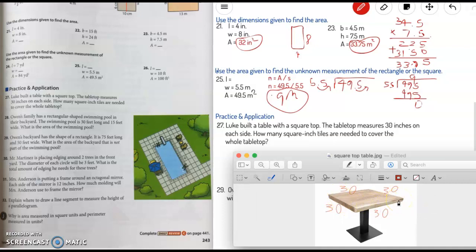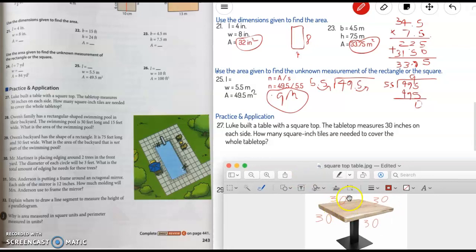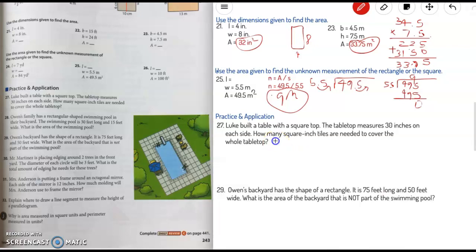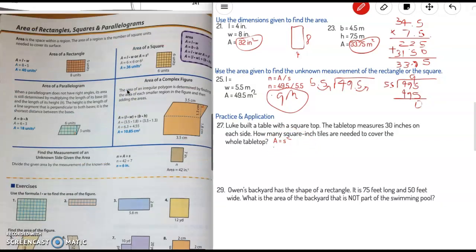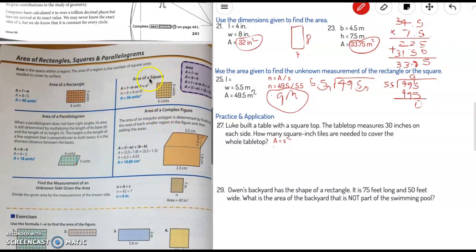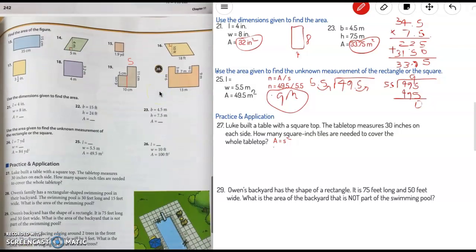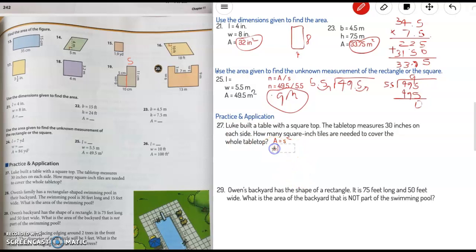So we're gonna look for the area, and since it's a square, we're gonna be doing side squared. In other words, like this. Okay, that's our formula as given here. Now what is the length of one side? 30. So we're going to do 30 squared, or 30 times 30.